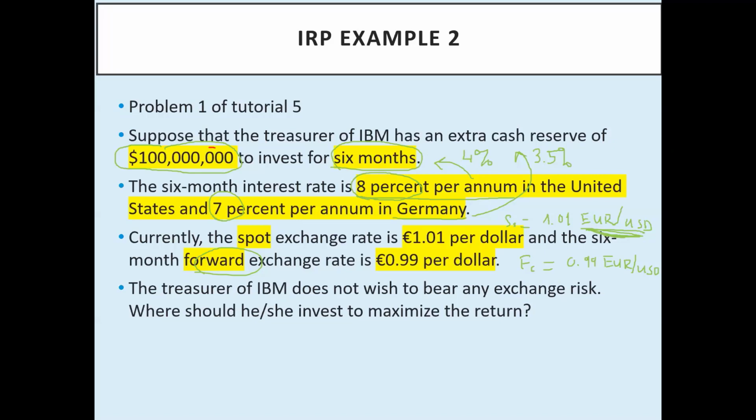This is similar to the first problem that we looked at the start when we derived the interest rate parity condition. Okay, remember when we looked at two investment options in the domestic country and in the foreign country, right? So let's use that example and see whether we can solve this problem by following the same procedure.